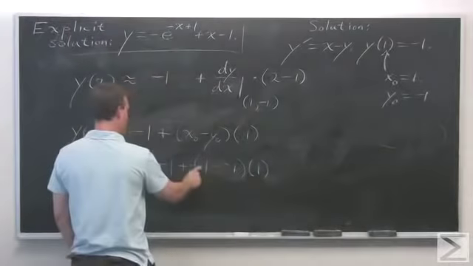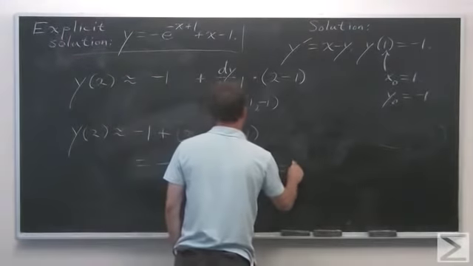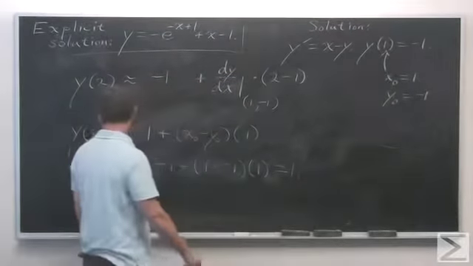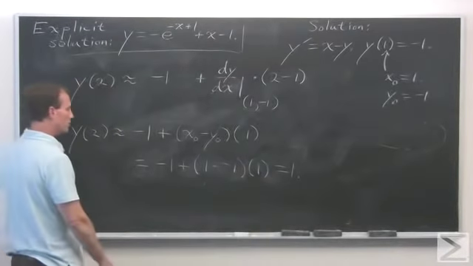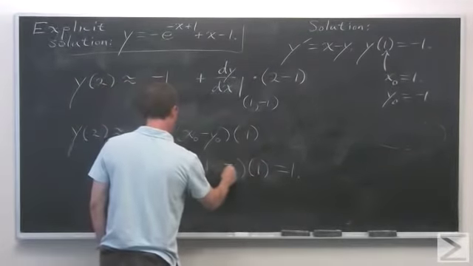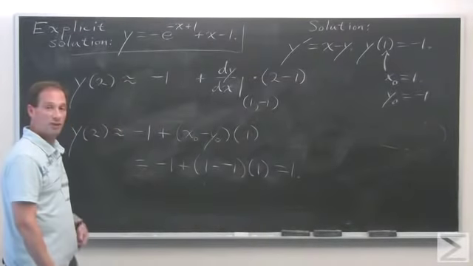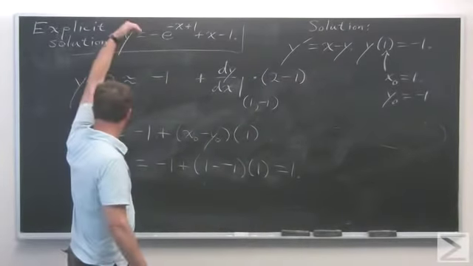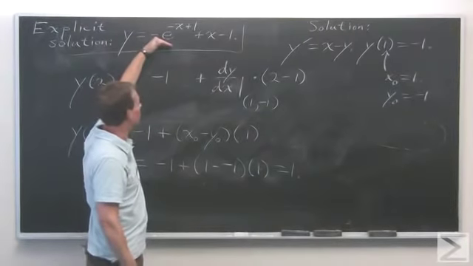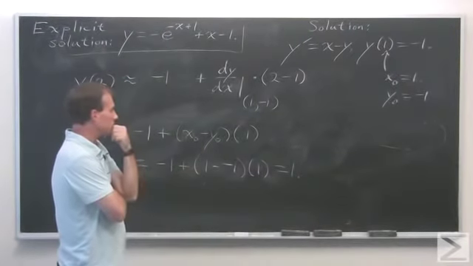So we get 2 minus 1, we get 1. So our approximation for y at 2, using linear approximation, is that it's 1. That's really not very good. You can plug in that x is 2 up here, and you'll see that this approximation isn't very good.